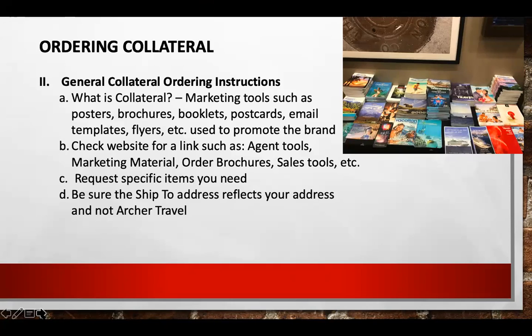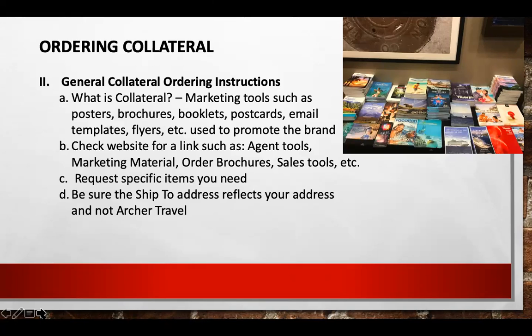But again, people are visual. So when they can get these kinds of beautiful things from you, they realize, oh, wow, they are a real travel agent. So when you go to the various vendor websites, you want to check for links such as agent tools. Some will say marketing materials, order brochures, sales tools, etc.